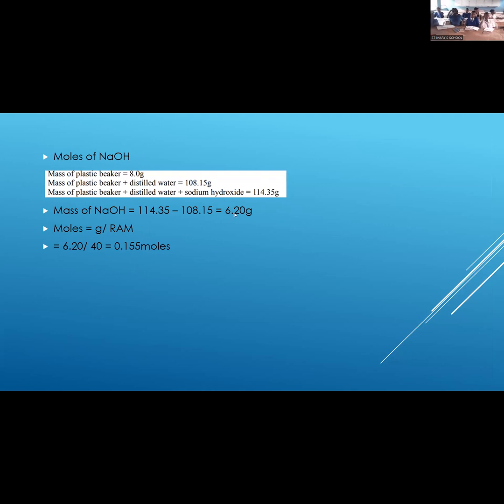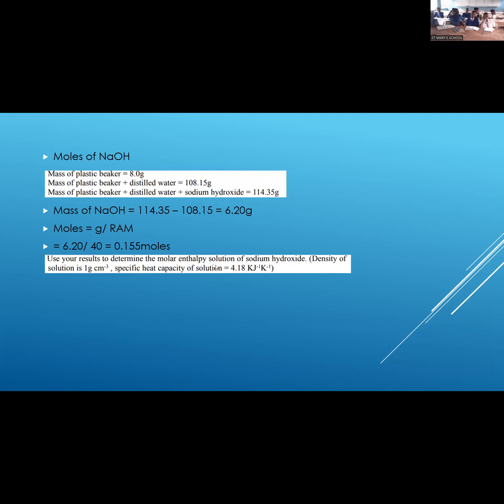0.155. The total enthalpy change will be Q over n. It's always the same. So we had the mass of water, 100.15, multiplied by the specific heat capacity, here it's given 4.18, times the temperature, which we worked out from the graph was 17.